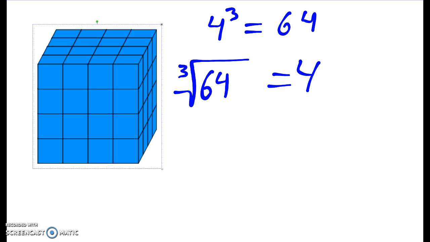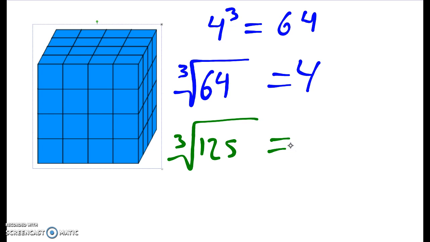And again, if we're looking for another one, the cube root of 125. So again, if this thing had 125 blocks and we wanted to know how long the side was, we're still doing the same thing, really the same sort of process we did for square roots. We just have to go through our list and say, all right, well, 1 times 1 times 1, 1 cubed, that's just 1. 2 cubed, well, that's 2 times 2 times 2. 2 times 2 is 4, times 2 is 8. 3 cubed, 3 times 3 times 3 is 27. 4 cubed, we know, is 64. 5 times 5 is 25.